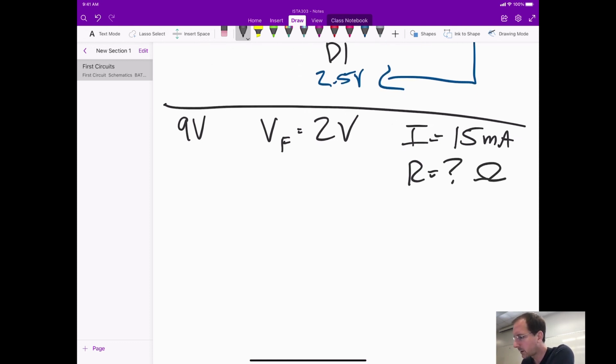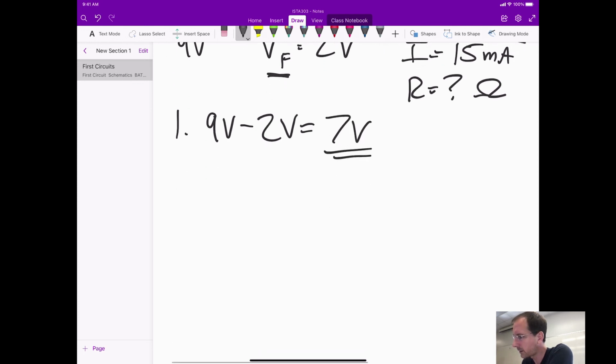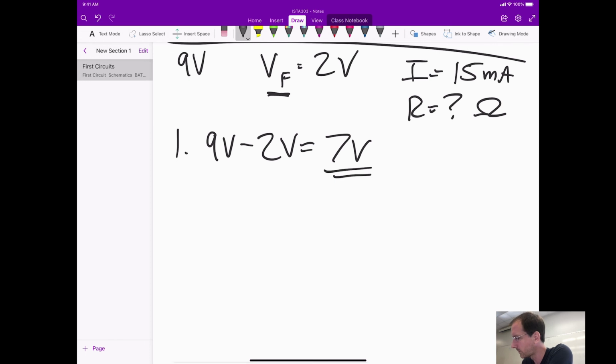And so we can think about it as sort of a two-step problem. Number one is that we have to figure out how much voltage the resistor has to absorb. If we're generating 9 volts and the LED is using 2 volts, then we still have to absorb 7 volts, or more specifically, our resistor has to absorb 7 volts. And so then step 2, we know that resistance is proportional to voltage over current.